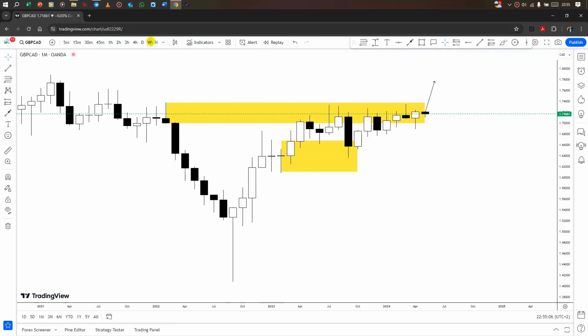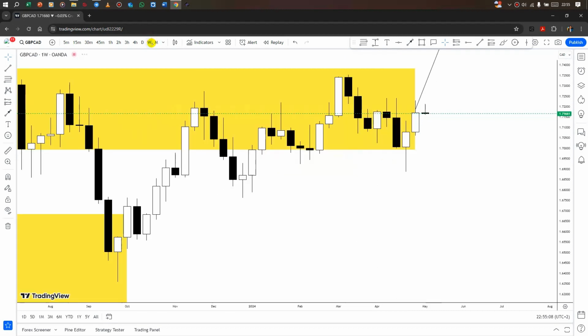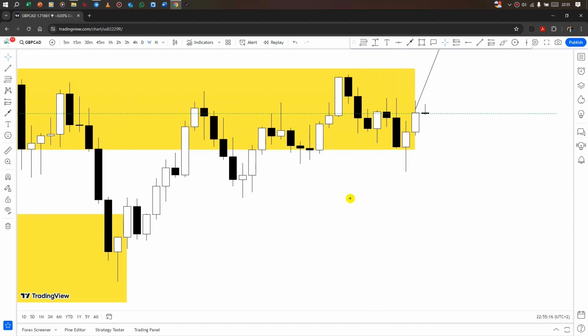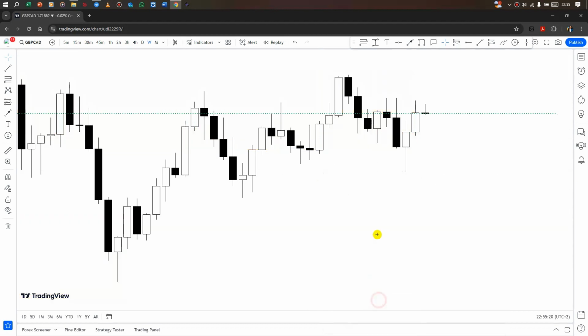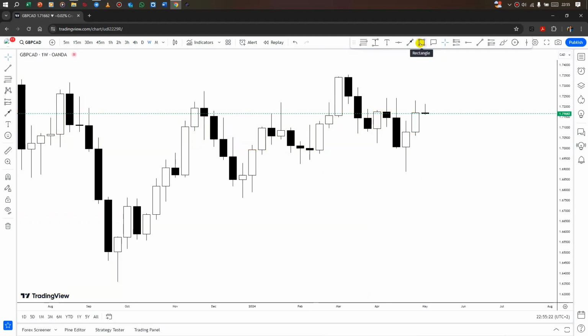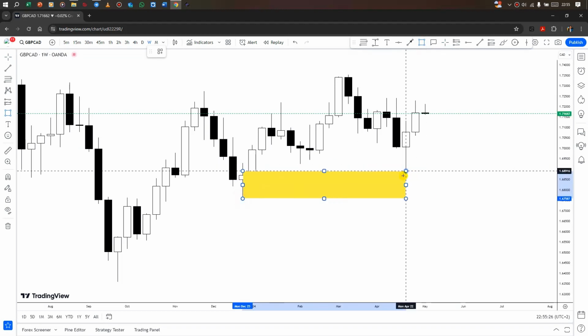Okay, so let us confirm that on the weekly time frame. On the weekly time frame, can I please delete these monthly supply and demand zones, because we are done with them, so that we can have a clean chart. On the weekly time frame, you can see that the price was rejecting from this level here.